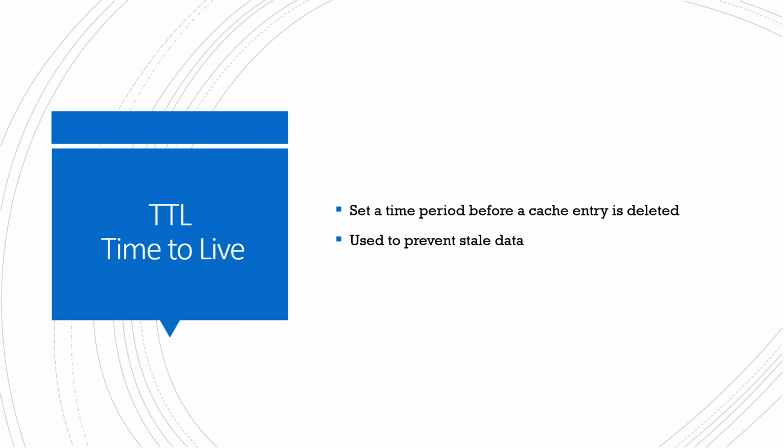So the first major thing is TTL, time to live. This is where you can set a time period before a cache entry is deleted automatically. This is mainly used to prevent stale data, and the time that you set can depend on how essential it is for data to be fresh.